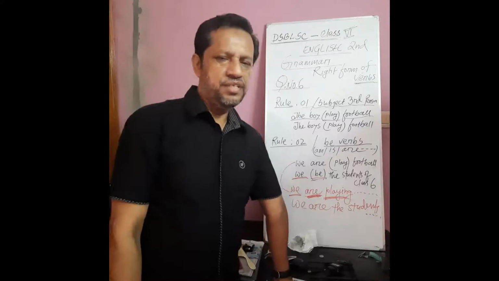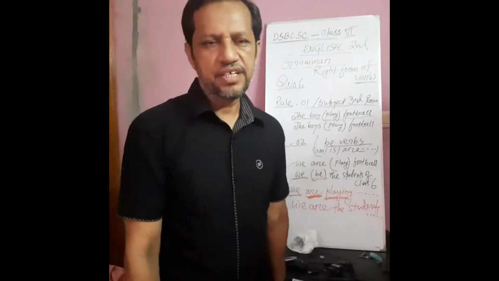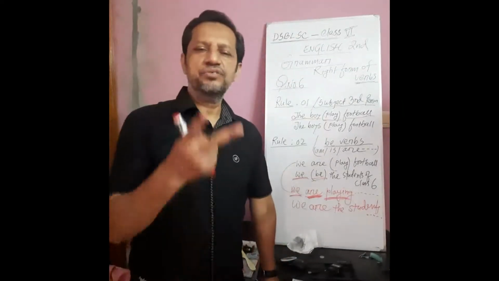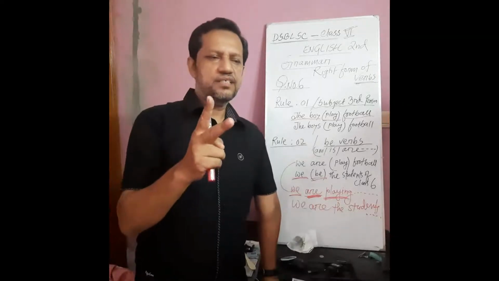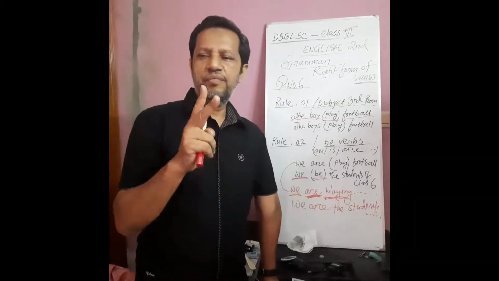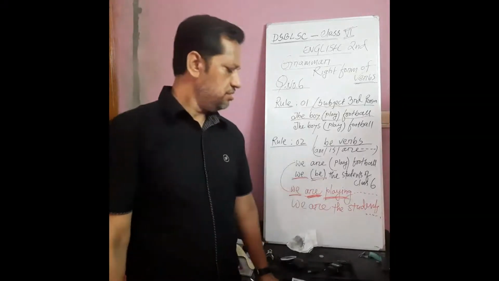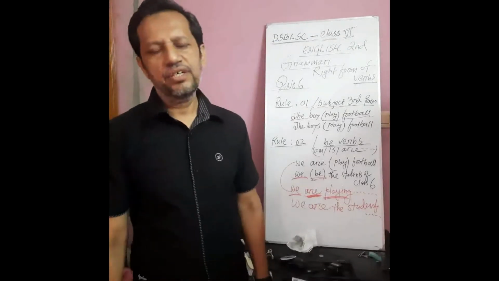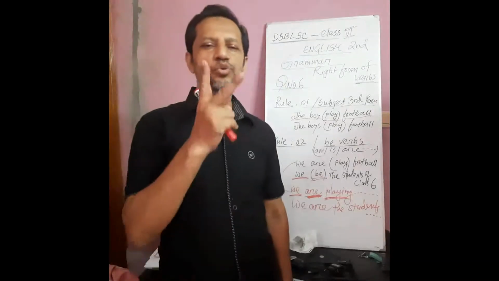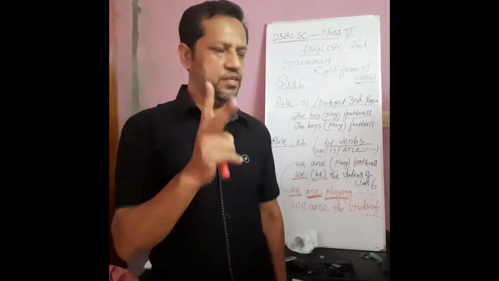So it is clear that we can use be verbs in two ways: one as a main verb and another as a helping verb. So my dear students, today we have practiced two rules of right form of verbs.